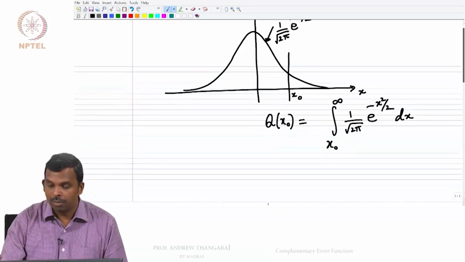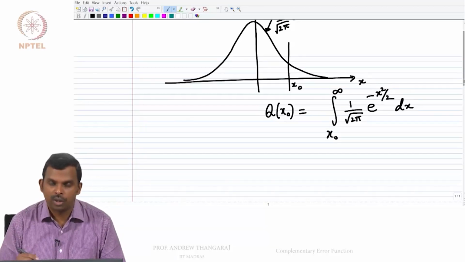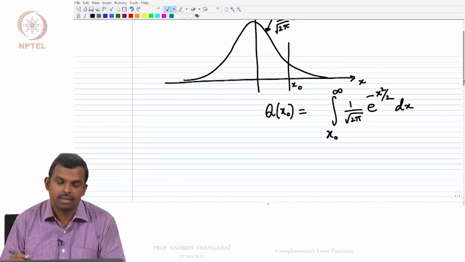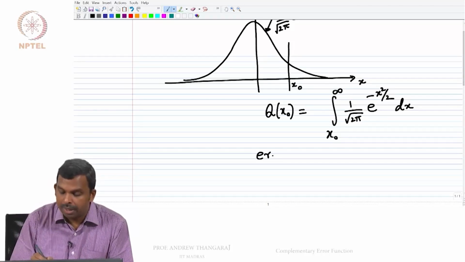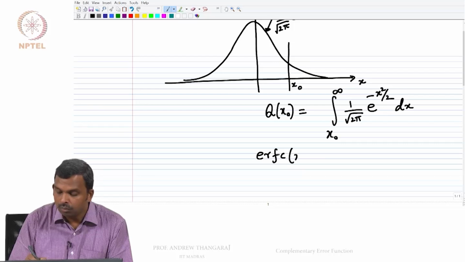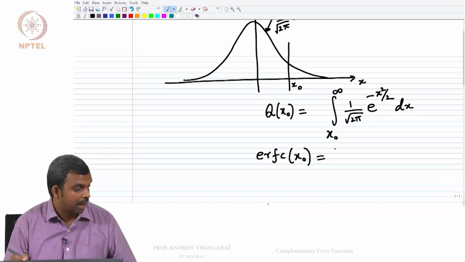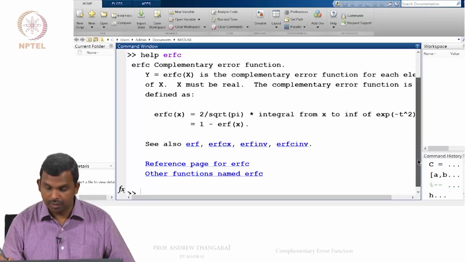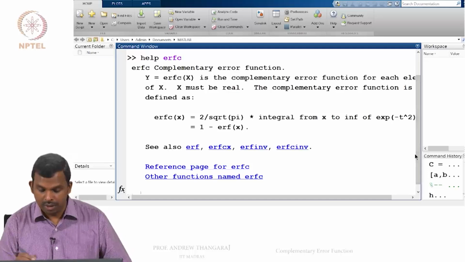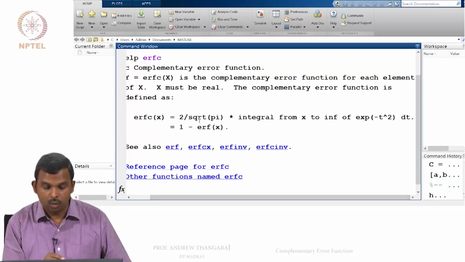Now, it turns out, for instance, MATLAB has a package which will evaluate the Q function for you, but we do not have to use that package because there is another function called ERFC, the complementary error function of x naught, which will look very similar to this. In fact, you can go to MATLAB and type help ERFC, which is what I have done here, and you see ERFC is very similar to Q. You can see what it is here.